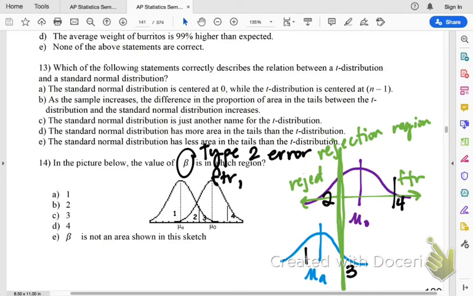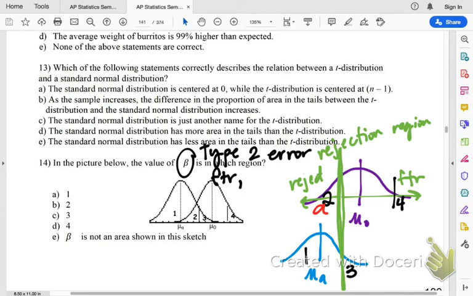The alternative is true. And so the only options that I really have here are 3 and 4 because 1 and 2 are both to the left of the rejection region, meaning I would reject in option 2 and I would reject in option 1. Option 2 is my type 1 error.